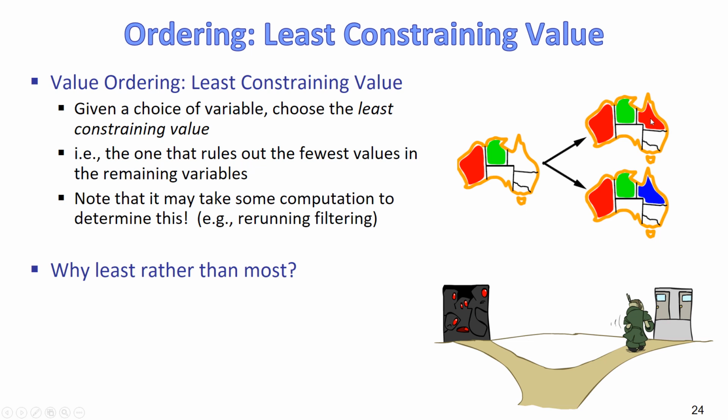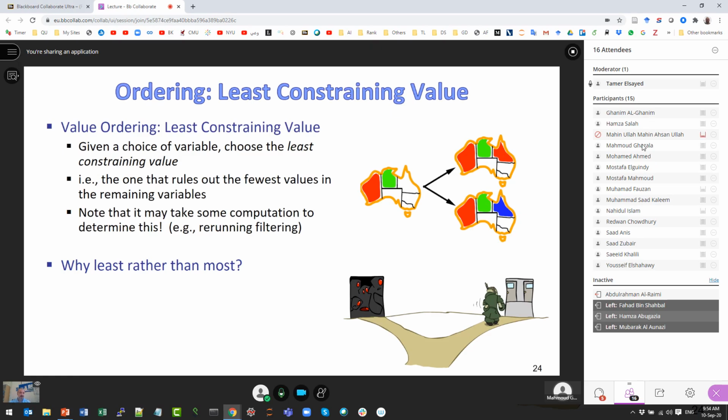The criteria says that you should select the value that is less problematic, that will lead to removal of fewer values, so that it will give you more options in the future. And you might not need to backtrack, or you will backtrack less, because you have more options, so it's more flexible. I hope that it's more clear now.